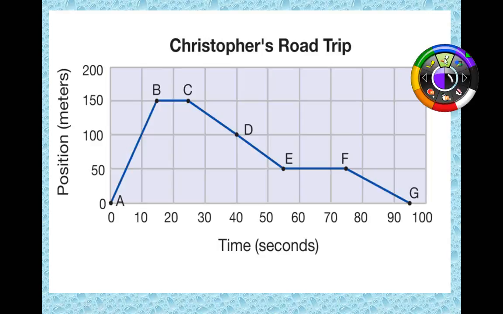It looks to me that Christopher also ended up right here, back at 0. If Christopher went all the way up to 150 meters, then back down backwards to 0 meters, guess where he's at? When he gets back here, he is back home. So he either stops or he's back at home.